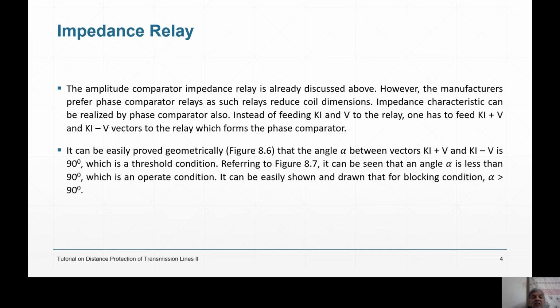So I'm leaving aside mathematics, but geometrically, using geometry, this can be easily proved: by a phase comparator impedance relay, you can measure impedance. So how can you measure impedance using the phase comparator relay? Let us see that.